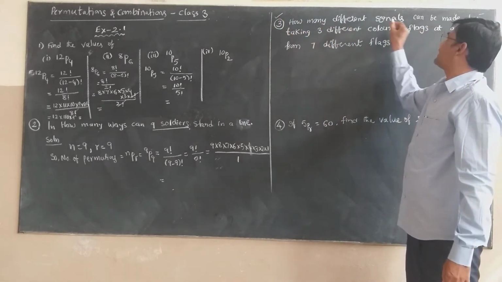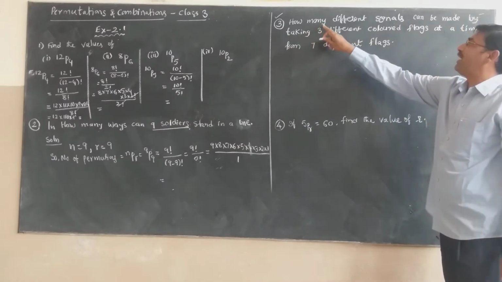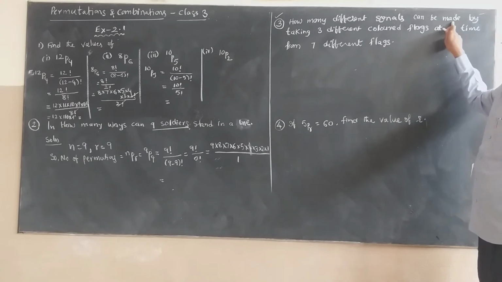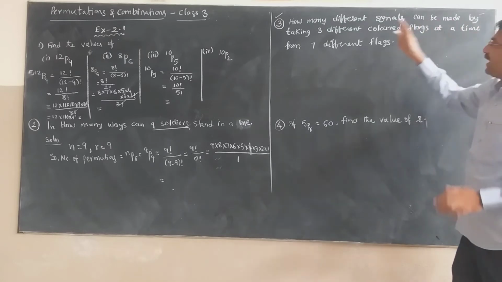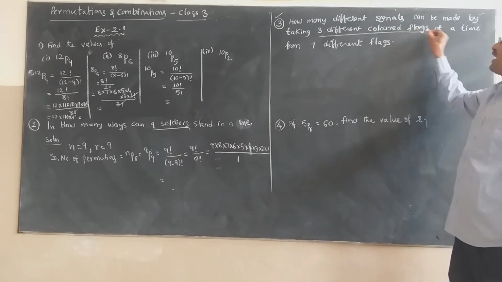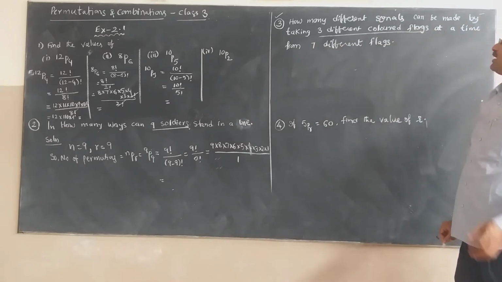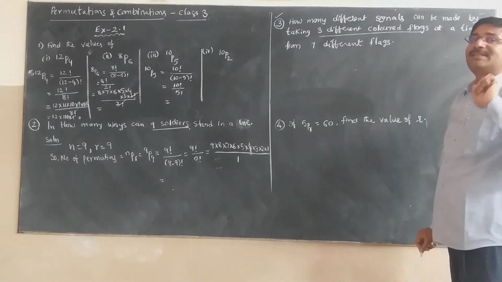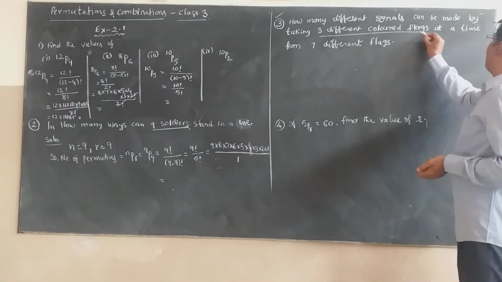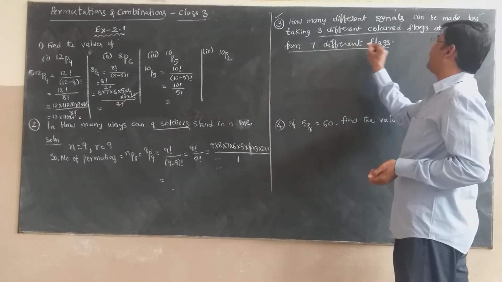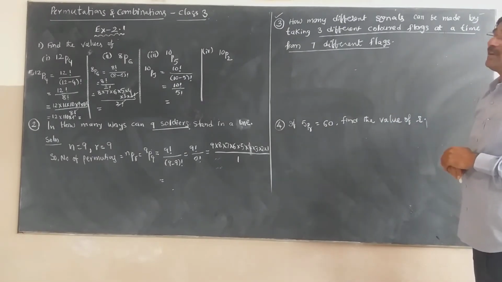Question 3. How many different signals can be made by taking three different colored flags, r is equal to 3, at a time, from 7 different flags?